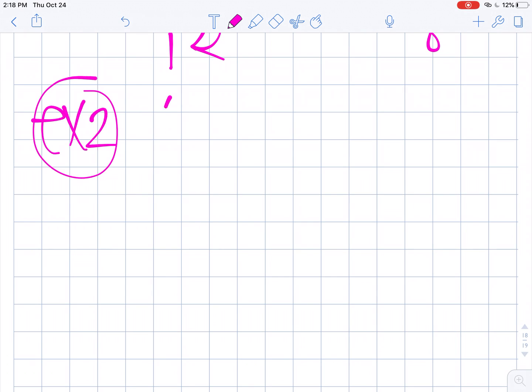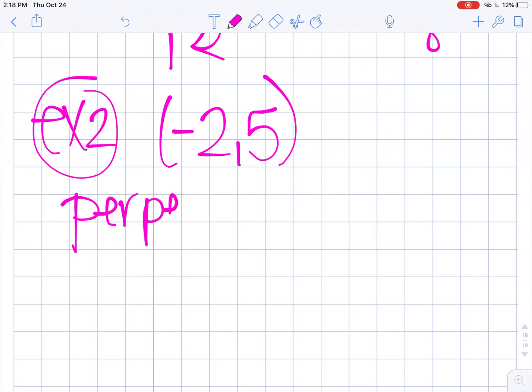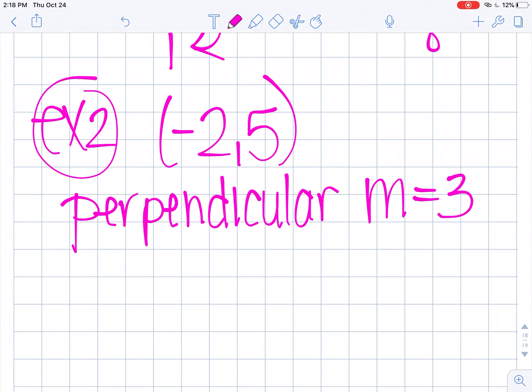I still want to write my equation. My point was -2, 5. And this time, I want an equation that is perpendicular to a line with a slope of 3.